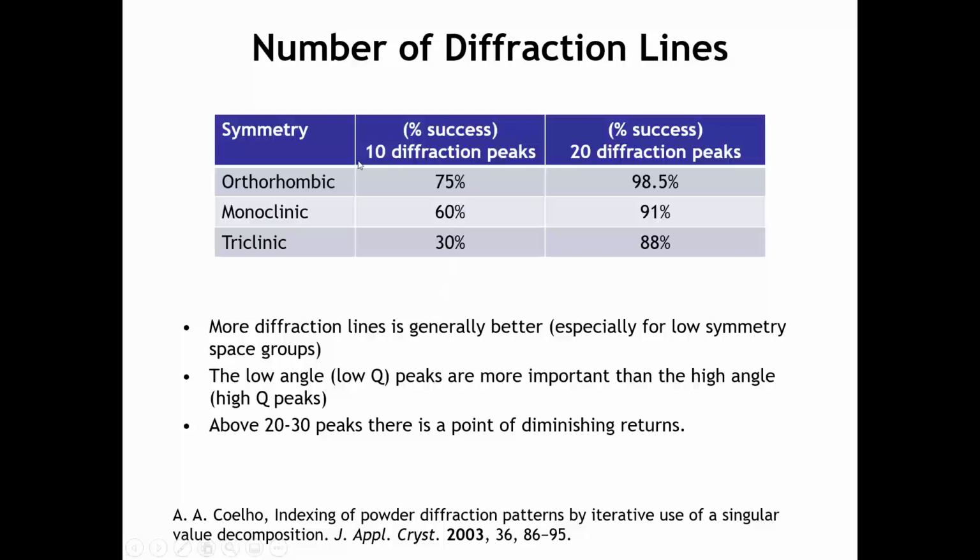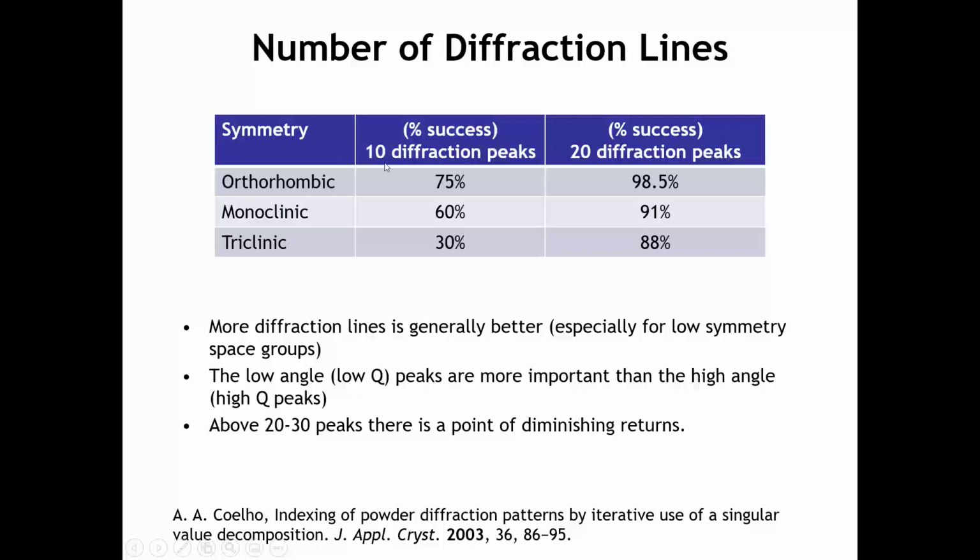When the symmetry is high, cubic, tetragonal, hexagonal, the kind of things that we can sometimes do by hand, the program basically works almost all the time. But as the symmetry gets lower, sometimes it's not able to come up with the right answer. This shows that that number depends quite a bit on how many peaks you put in.